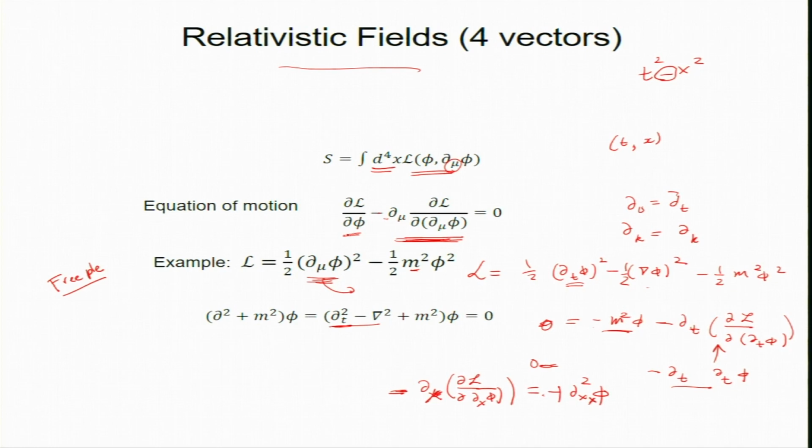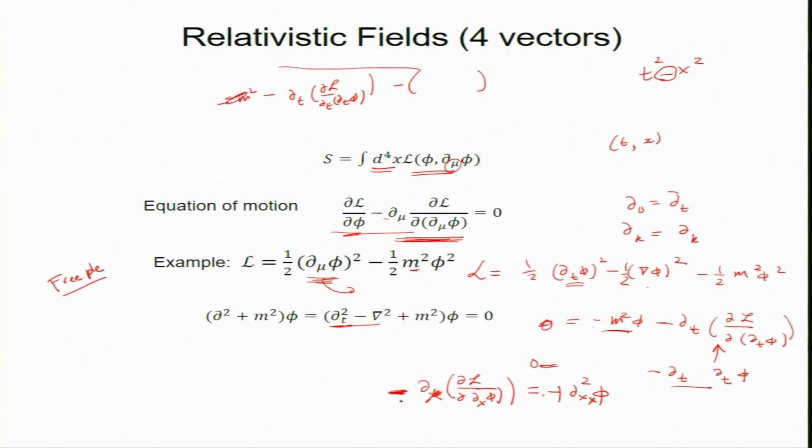So, look here, this equation is written like that: minus m squared, and this has d by dt of partial dt phi, and there is a minus sign, and same thing with x.